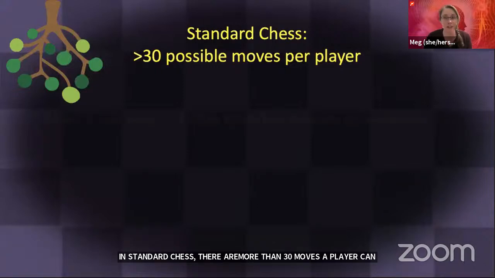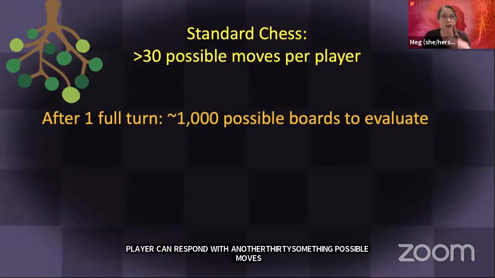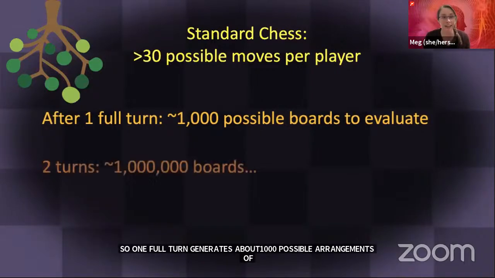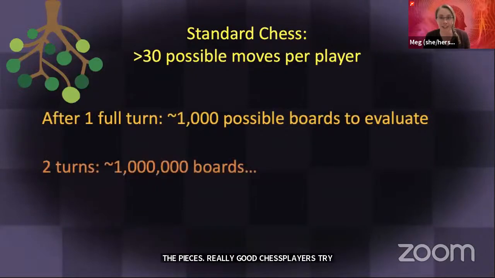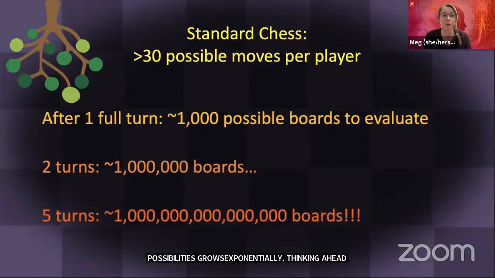So one full turn generates about 1,000 possible arrangements of the pieces. Really good chess players, though, try to think ahead several moves, meaning that the number of possibilities grows exponentially. Thinking ahead 2 turns, the number of possibilities is 1 million, and a full 5 turns, which is what many human players strive for, generates 1 quadrillion possibilities.